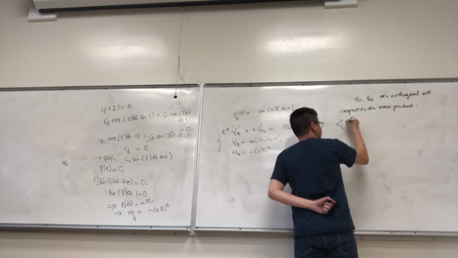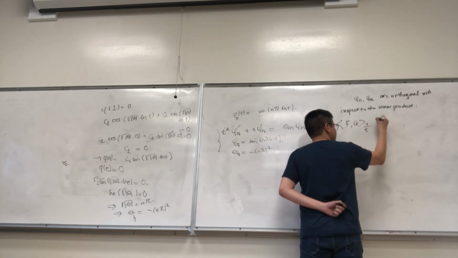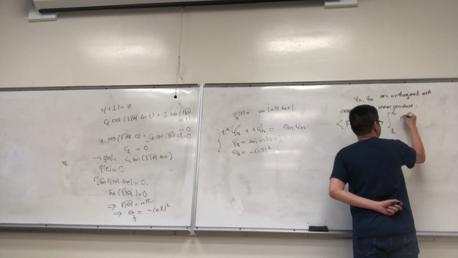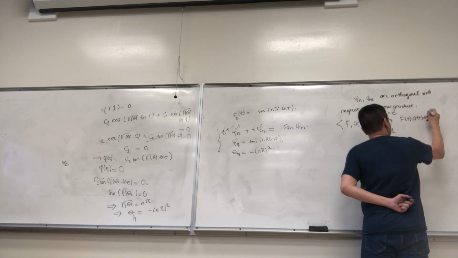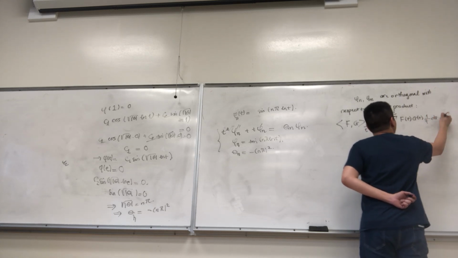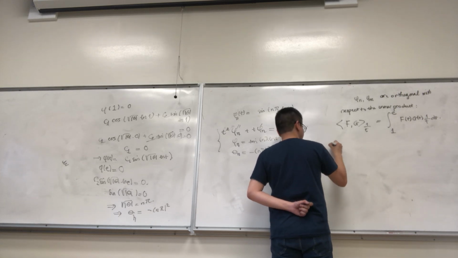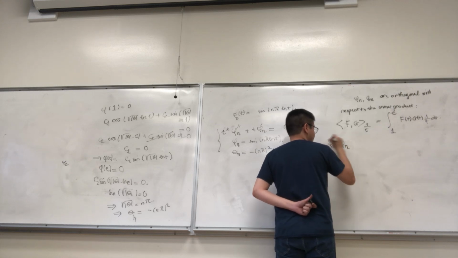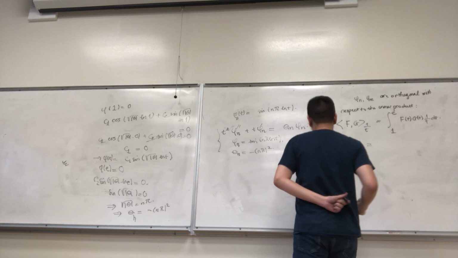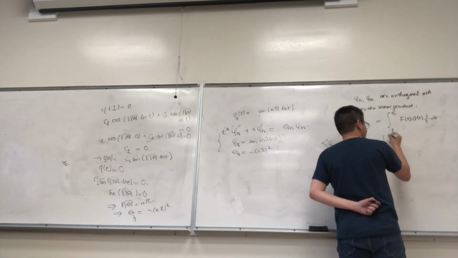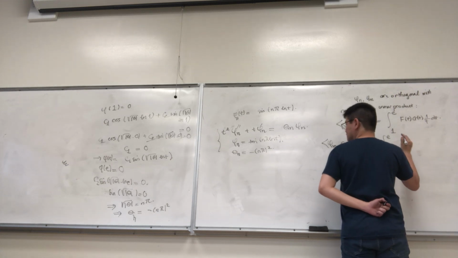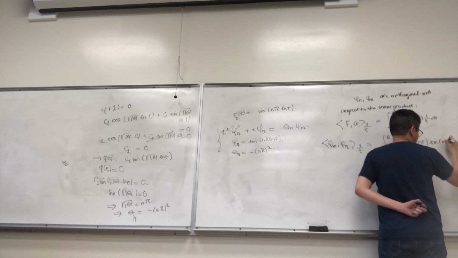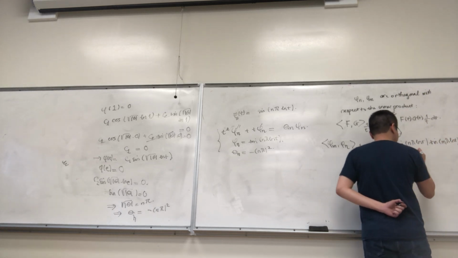So you have the inner product of f and g with weight 1 over t, which is the integral from 1 to e of f(t) g(t) times 1 over t dt, which means that you have phi n, phi m with 1 over t, the integral from 1 to e of sine of n pi log t sine of m pi log t 1 over t dt, and this is 0.